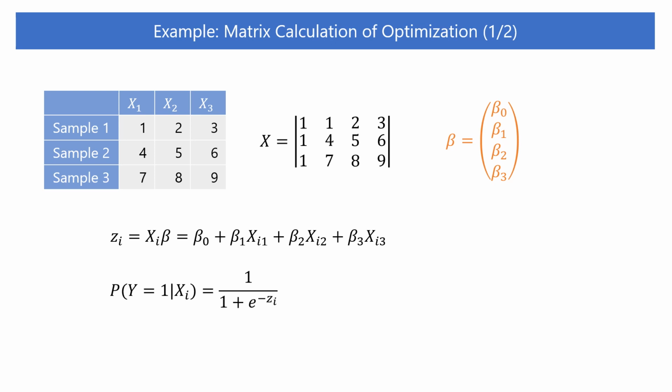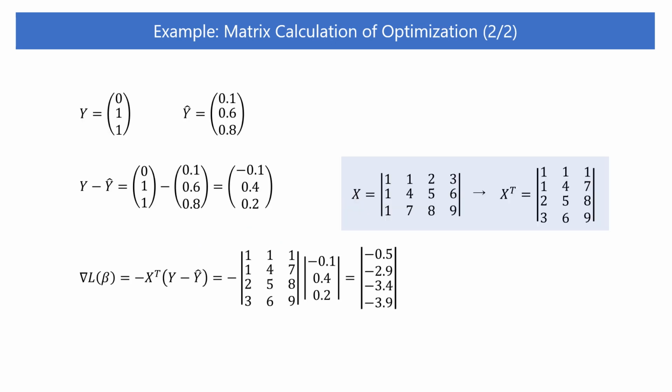The vector of parameters, beta, will look like this. The logistic regression model takes the inner product of the vector of predictors and the vector of parameters beta, and applies the result to the sigmoid function to obtain the predicted probabilities. By applying this process to all data points, predictions can be computed efficiently.